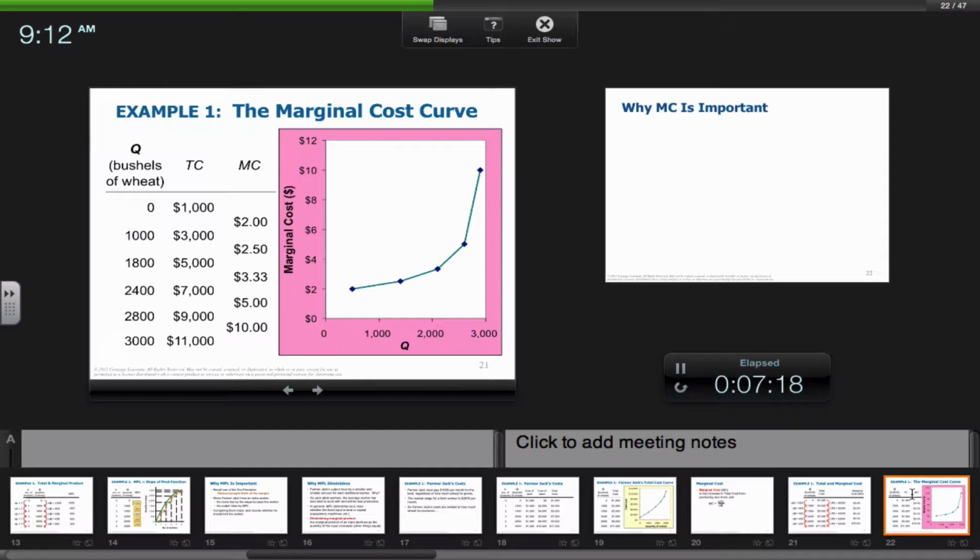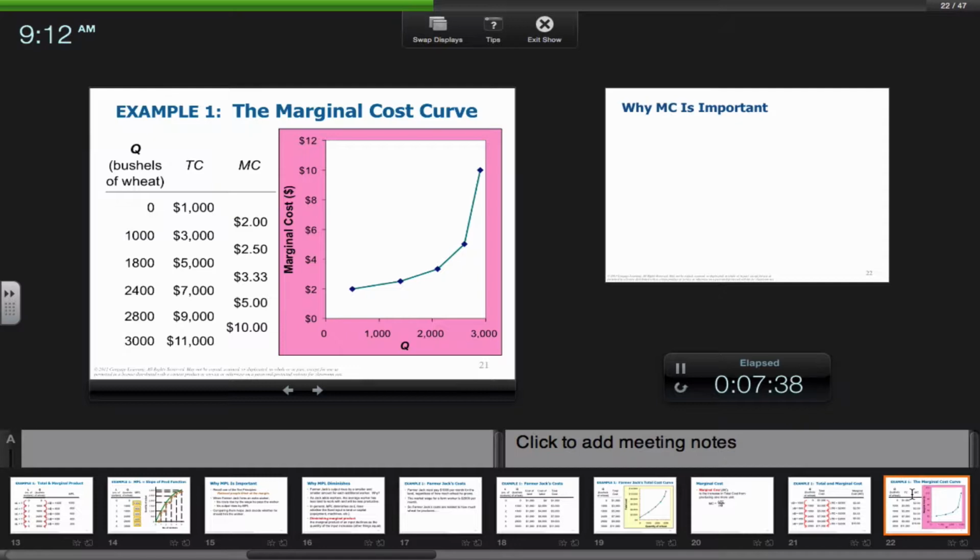So probably not worth it at that point. But what does that depend on? The price wheat is selling at. If I can sell the wheat for $20 a bushel, I'm going to hire somebody and grow that last 200 bushels for sure.